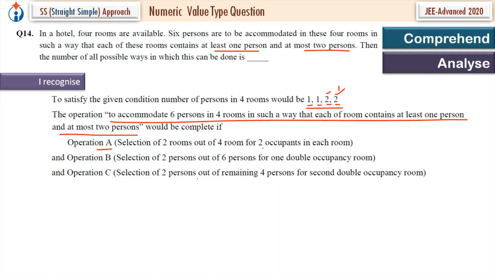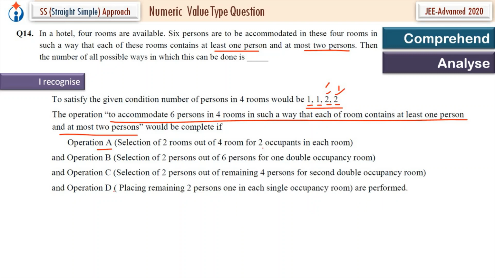Operation C, selection of 2 persons out of the remaining 4, since 2 are already selected, so out of 6, 4 are left, for the second double occupancy room. And operation D, placing the remaining 2 persons, 1 in each single occupancy room. Then my operation will be complete.